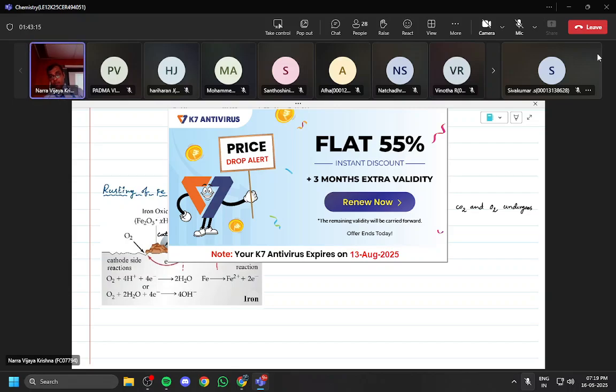What is E naught of Fe converted to Fe plus 2? The table gives the reduction, Fe plus 2 to Fe, as minus 0.44. We are taking oxidation, so plus 0.44 volts, right?